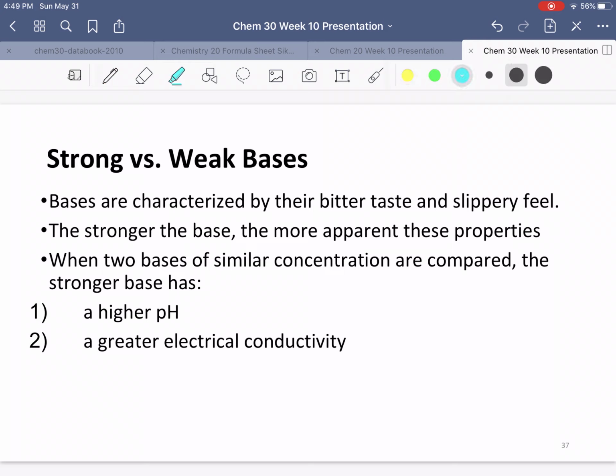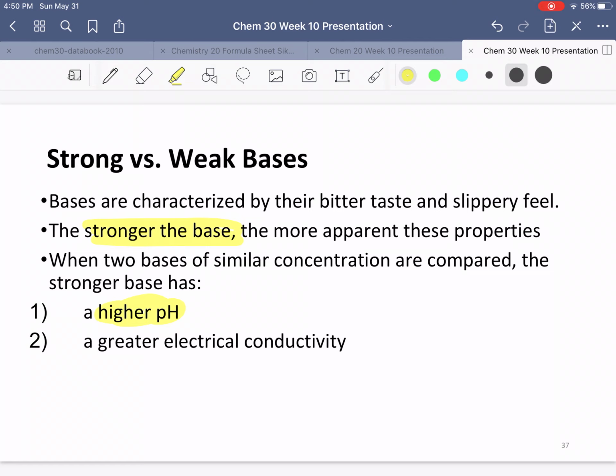Now, ultimately, bases are pretty well known, right? That bitter taste versus an acidic sour taste, the slippery feel versus that really corrosive feel of an acid. But ultimately, we still have a stronger base versus a weaker base. The stronger the base, the more obvious those properties will be. And in addition, we'll end up with, of course, not a lower pH, but this is a base, a higher pH.